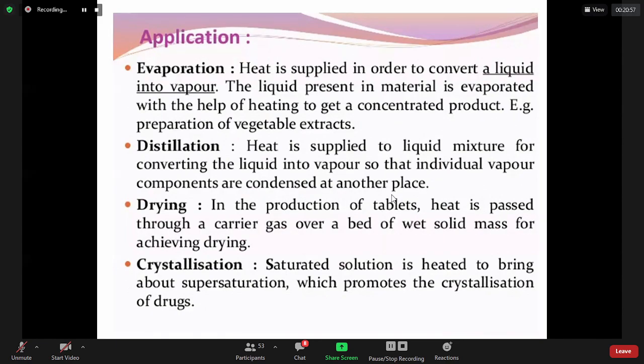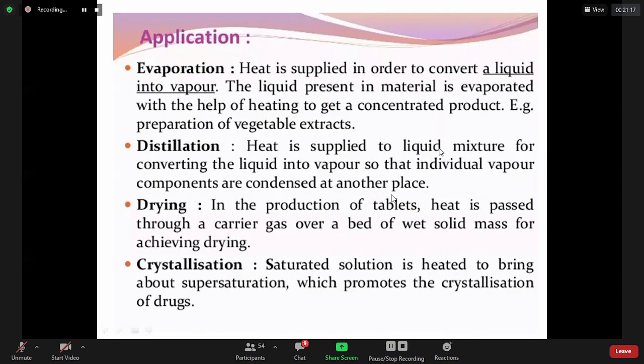So the liquid present in the material is evaporated with the help of heating to get a concentrated product, for example, in the preparation of vegetable extracts.